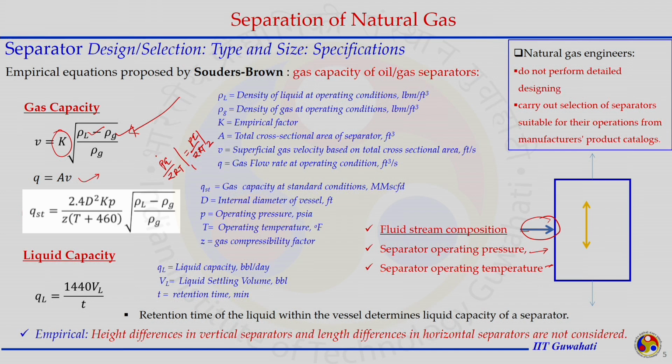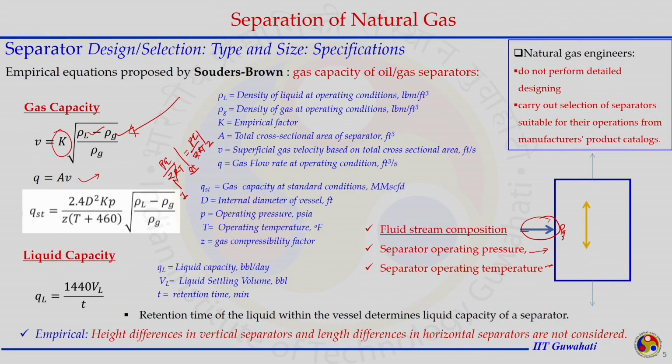If one of the conditions is the standard condition, let us say this is the standard condition, so now we know the gas capacity under standard condition for a particular gas stream of density rho g for the gas and density rho L, that is getting separated from the separator.